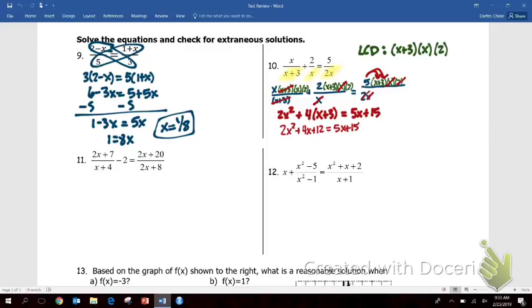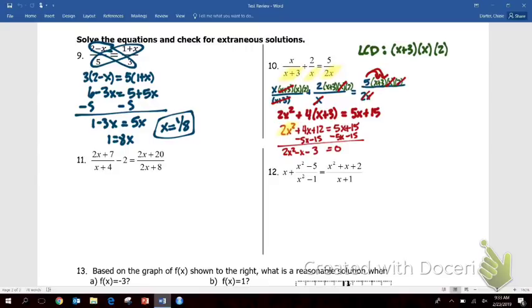And since I have a quadratic, since I have an x squared term, I need all of this on the same side, because when I see a quadratic, I should know by now, since we've been doing this since September, that I need everything on the same side, and I'm going to factor to solve this. So 4 minus 5 is negative 1, and then 12 minus 15 is negative 3.